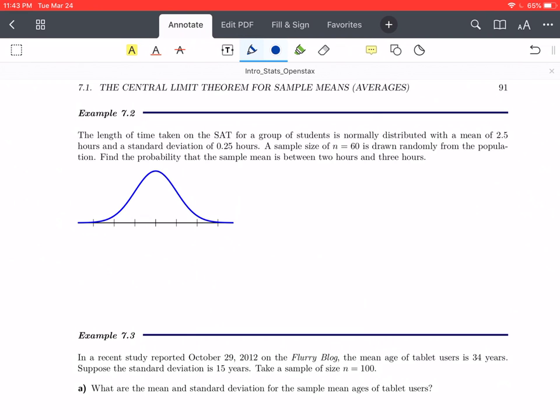So let me write this out. The average time is going to be approximately normal with mean 2.5 and standard deviation of 0.25 over the square root of 60. That gives us our mean and standard deviation. The mean right here is 2.5.